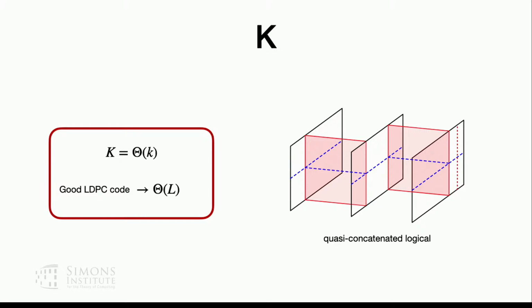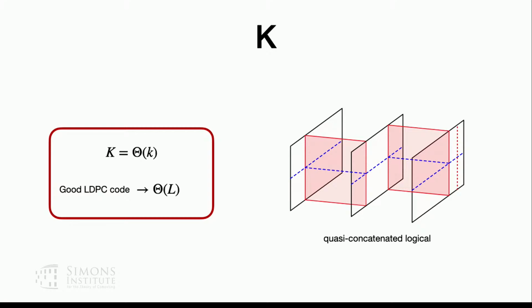To see you don't get more, you have to go the other way, which is that if you start from any logical in this code, you can use this topological deformability to squish it into a plane like this. And then once it's in that plane, you essentially can show it has to take the form of a quasi-concatenated logical. And then you can just pull off these extra bits to get back a concatenated logical.